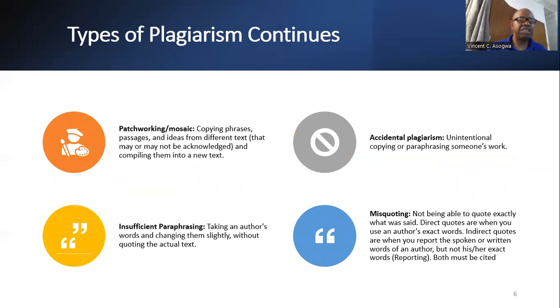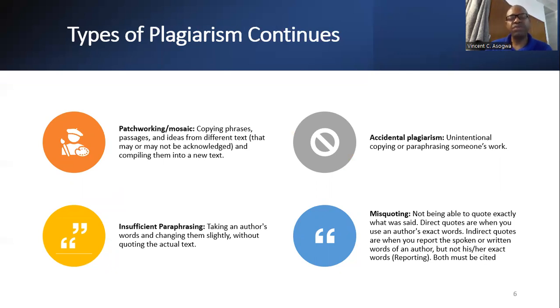The fifth one is patchworking or mosaic plagiarism, copying phrases or passages and ideas from different texts that may or may not be acknowledged and compiling them into a new text. Many people, while writing textbooks, get different works and compile them as if it were their own. That is mosaic or patchwork plagiarism.